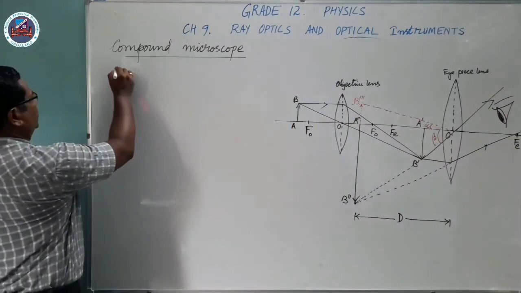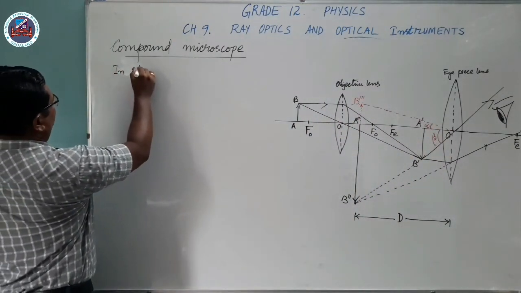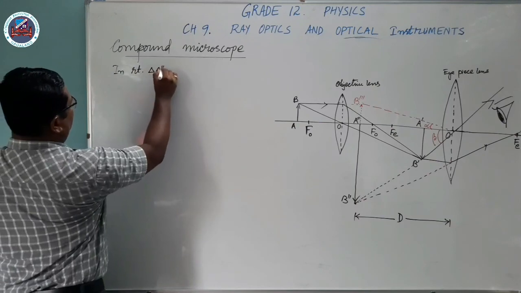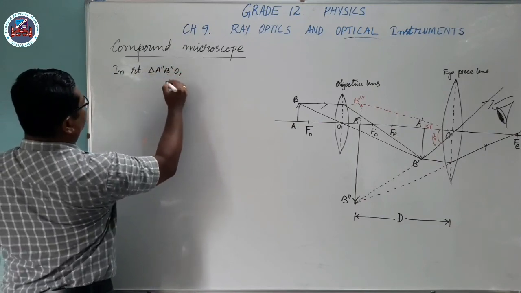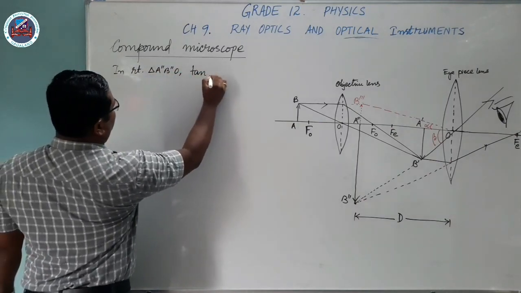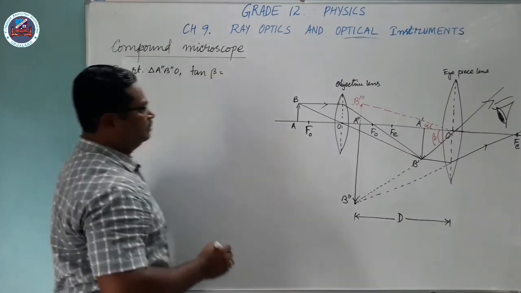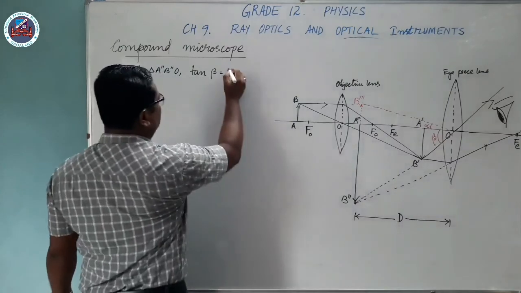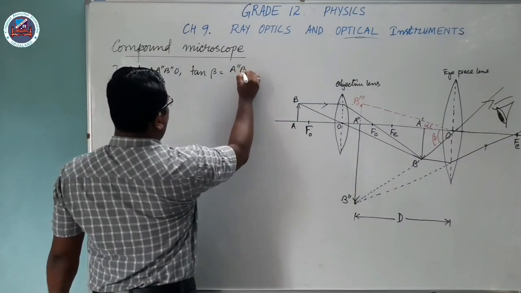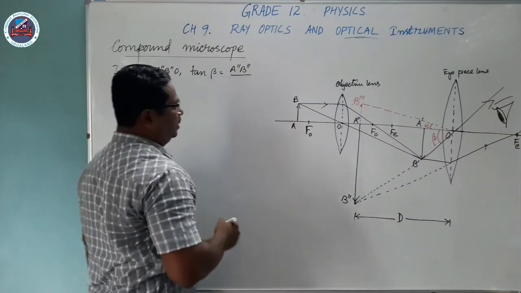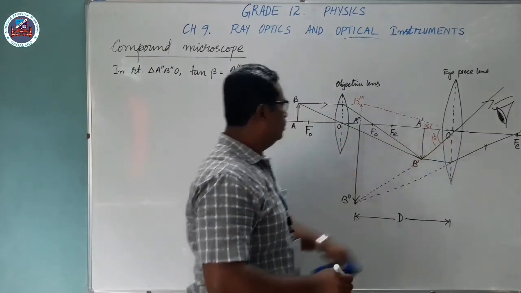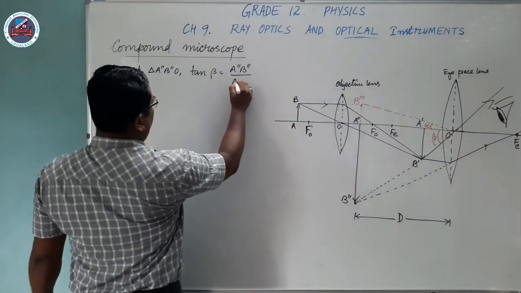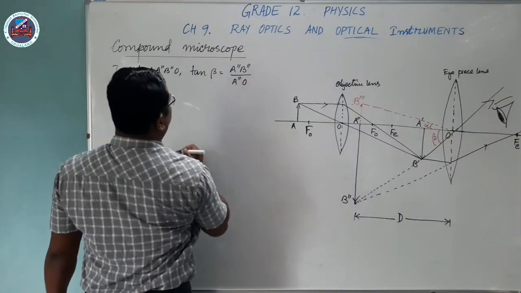In right triangle A'' B'' O, beta can be defined as perpendicular A''B'' divided by base A''O.